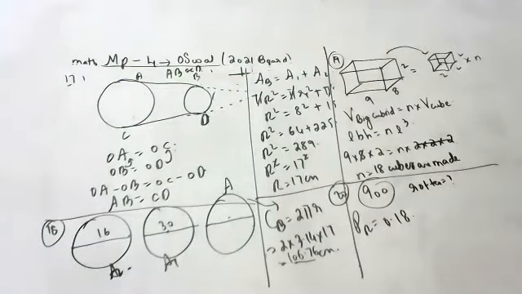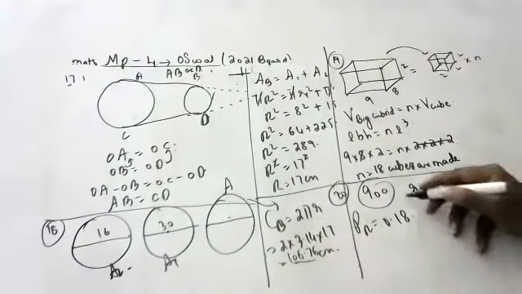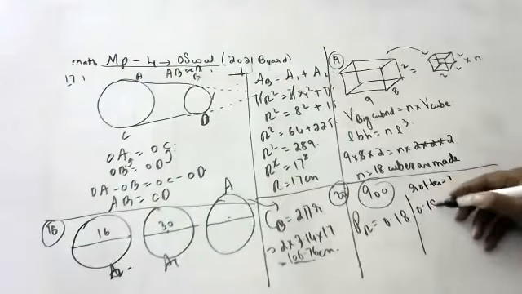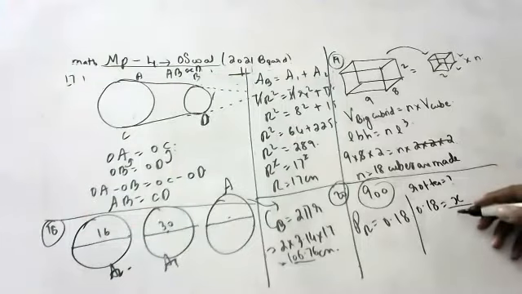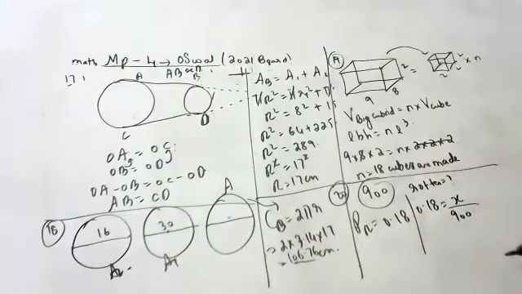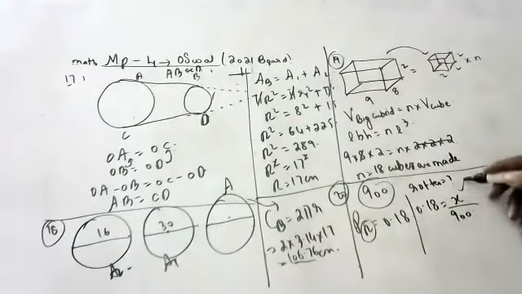Okay, Sanvi. Sir, I will tell. 0.18 is equal to number of rotten apples by total.